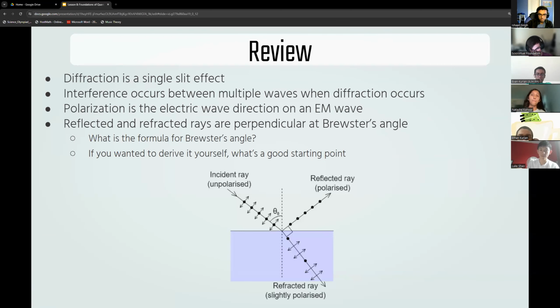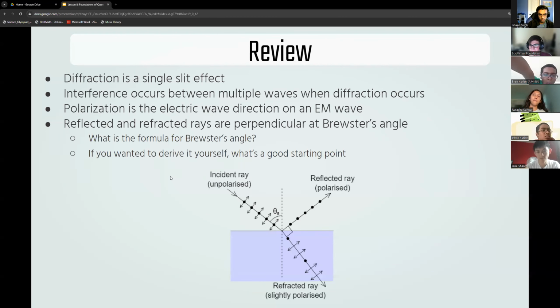For reflected and refracted rays, the reflected ray is completely polarized. This occurs at Brewster's angle. The condition for Brewster's angle is that the reflected ray and the refracted ray are 90 degrees from each other.